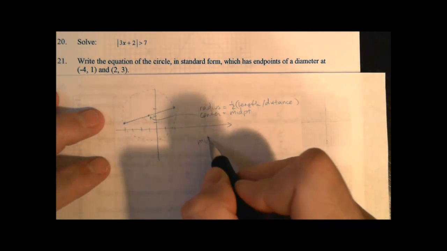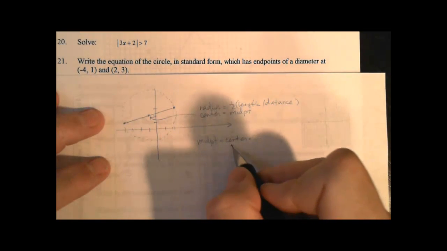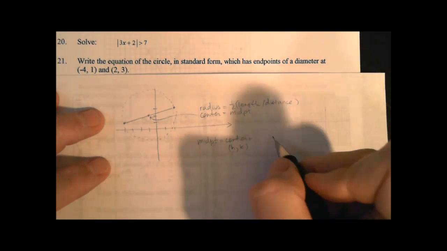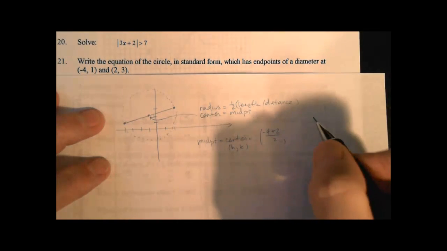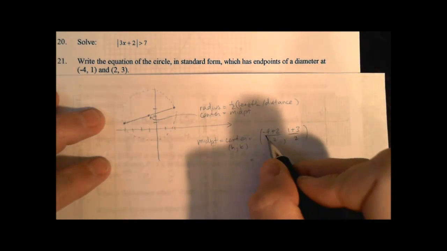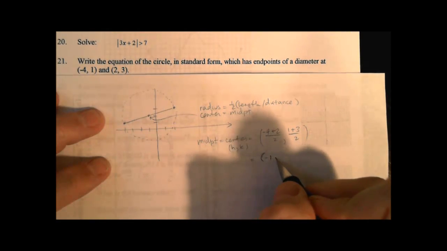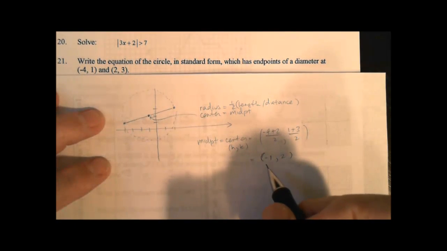So the midpoint, which is our center, remember, that's h, k, will be the average of the x's, so negative 4 plus 2 over 2, and 1 plus 3 over 2, which is negative 2 over 2, which is a negative 1, and 4 over 2, which is 2. So negative 1, 2 looks pretty good. That's our center. That's our h, k.